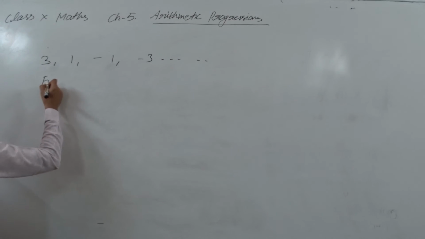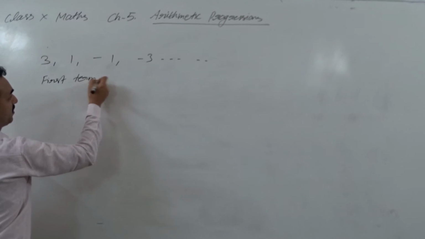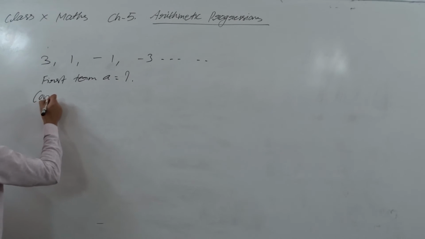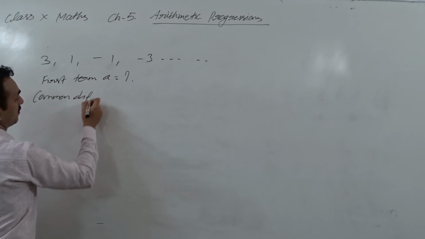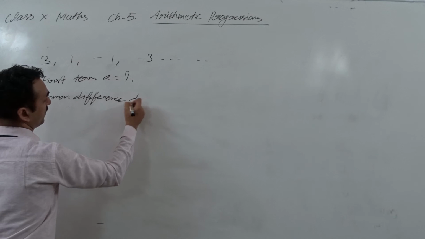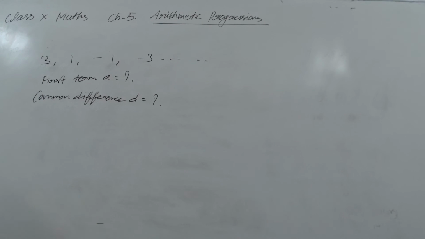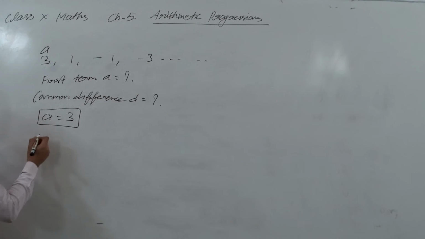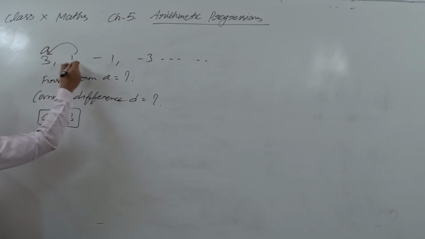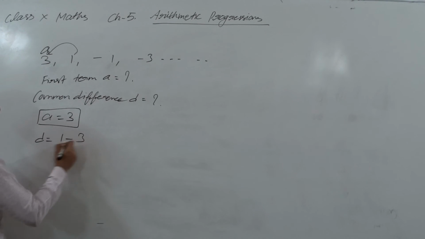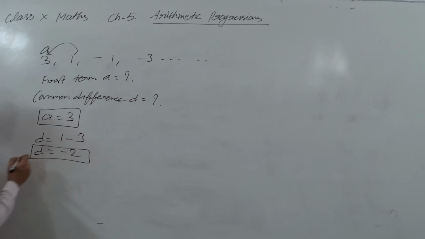We have to find the first term, which is A, and the common difference, which is D. The first term is A, so A can be found directly: it is 3. Now we have to find D. We know D is next term minus previous term. So D equals 1 minus 3, which is minus 2. This is a very simple question in which we have to find A and D.